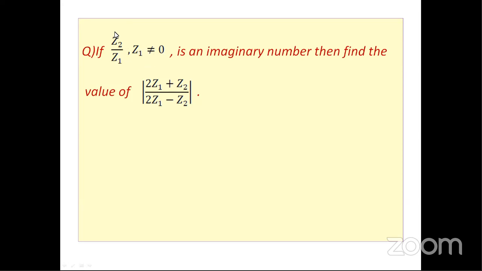Then what type of number are you getting when you take this expression z2 by z1? z2 by z1 is an imaginary number. That means the real part of the complex number is missing here, isn't it? So it's a purely imaginary number. When you have an imaginary number, it will be of the form 0 plus some iy. The real part is missing. Now we'll start with the solution, children.